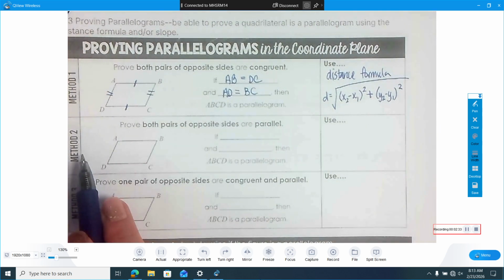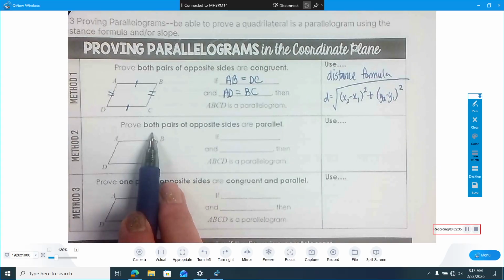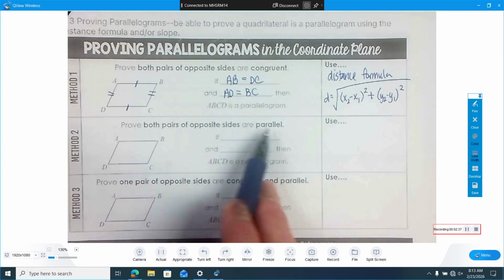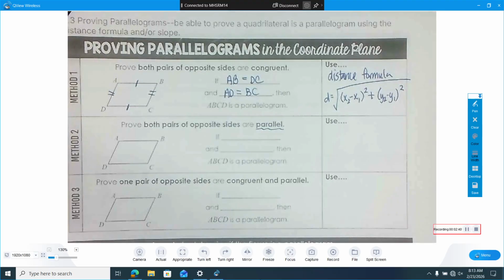Another method that we could use is to prove that both pairs of opposite sides are parallel, and that is the root of the word parallelogram, right? Parallel.